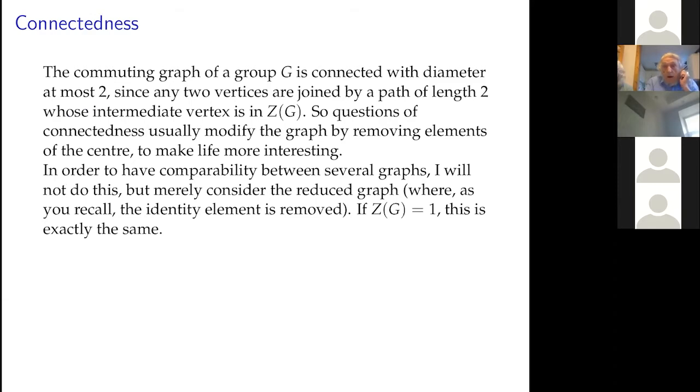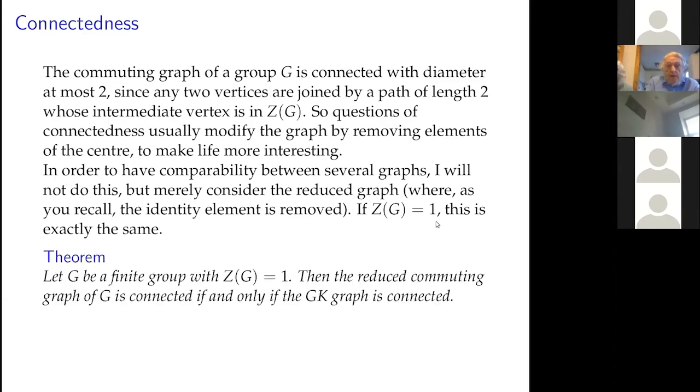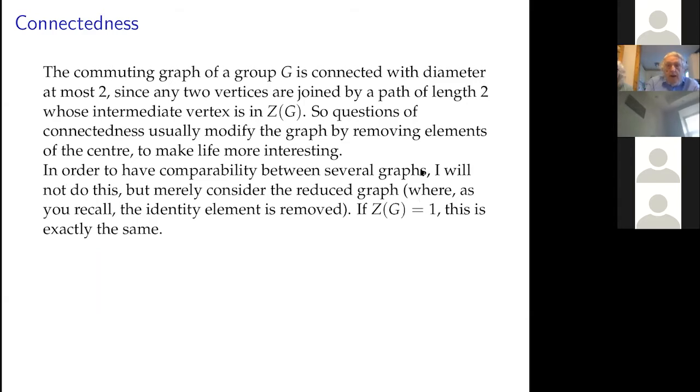But for the other graphs, I'm simply going to remove the identity element. And so I'm particularly interested in groups whose center is trivial for this. And indeed, the theorem I'm going to state works precisely for these groups.